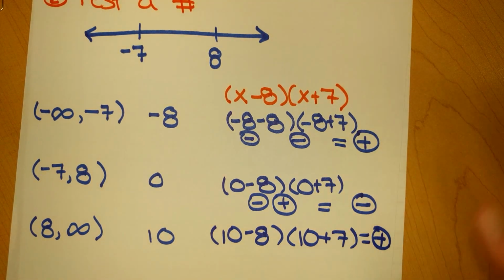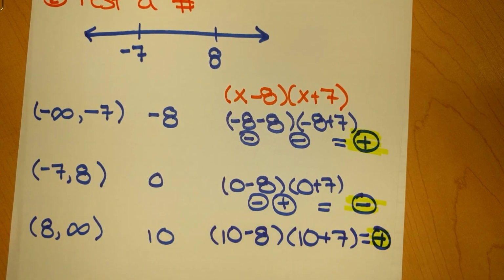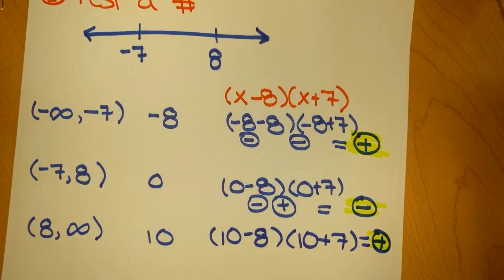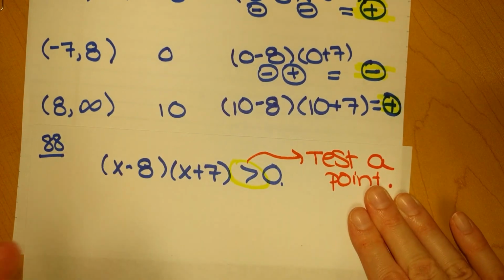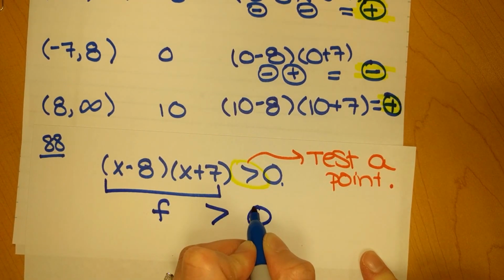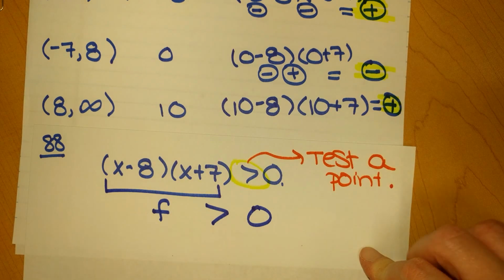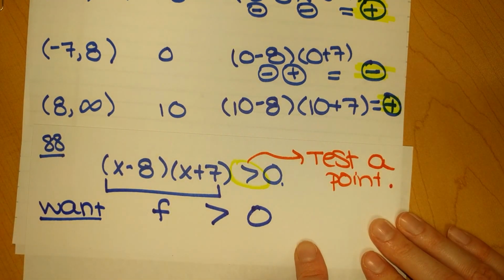Now, once you get all these positives and negatives, you then have to make sense of what this means in terms of our problem. So for our particular question, we were trying to solve a polynomial inequality that looked like this: the whole function f greater than 0. So what we want here is we want the polynomial to be greater than 0.